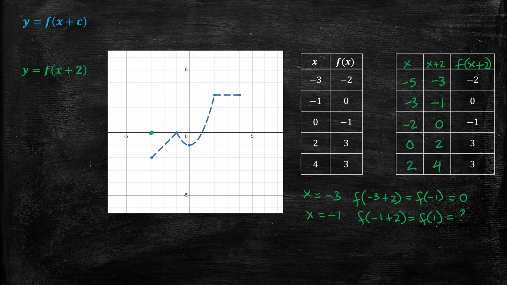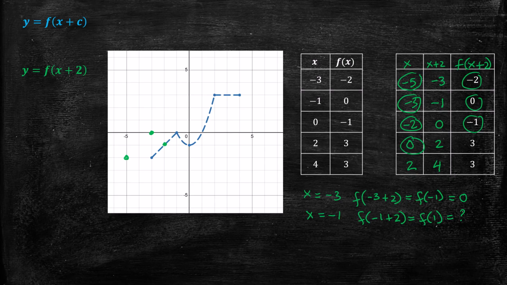And now I can begin to graph these points. So when x is -5, y is -2. So -5, -2. When x is -3, y is 0. Oh, I already plotted that point. Then -2, -1 would be here.